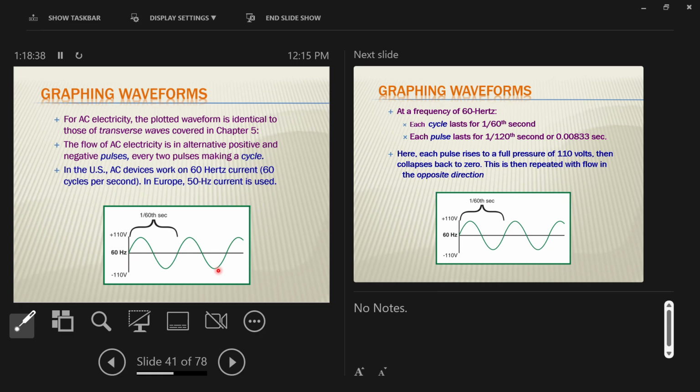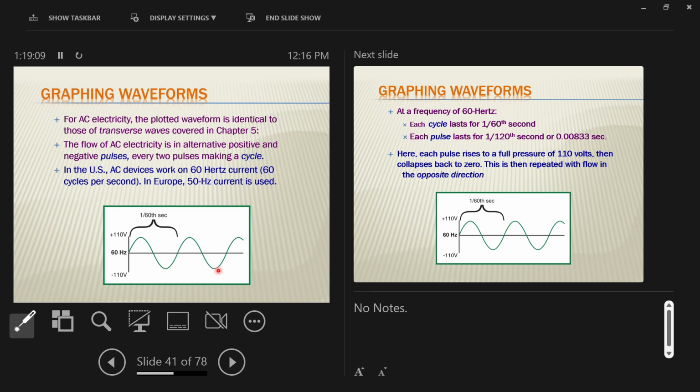If this is your AC power plant, the electrons would move toward the positive direction for some period of time, and then they would be switched around and moved back the other direction, and they shift back and forth in the wire, okay? And it does it in a specific amount of time, okay? So I will get to that in just a second.